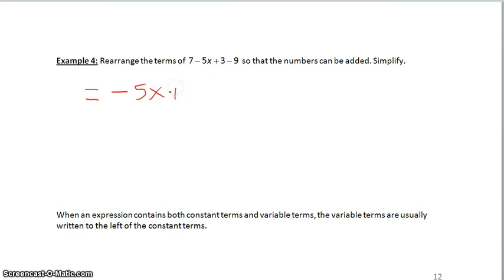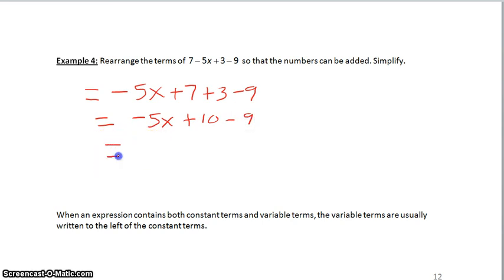This 7 is positive, so it would be plus 7. We'll bring down our plus 3 and minus 9. So we had negative 5x, and then we add the like terms. Positive 7 plus 3 will give us 10. And we bring down our minus 9.